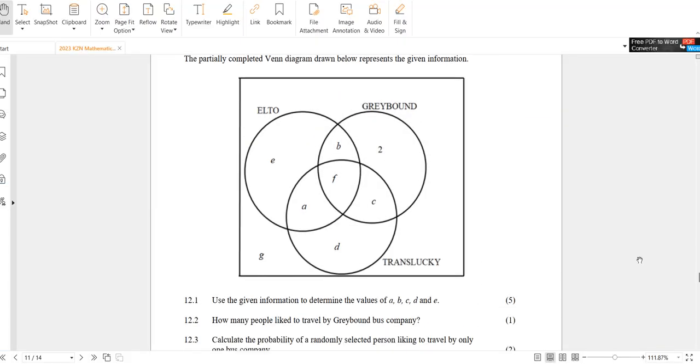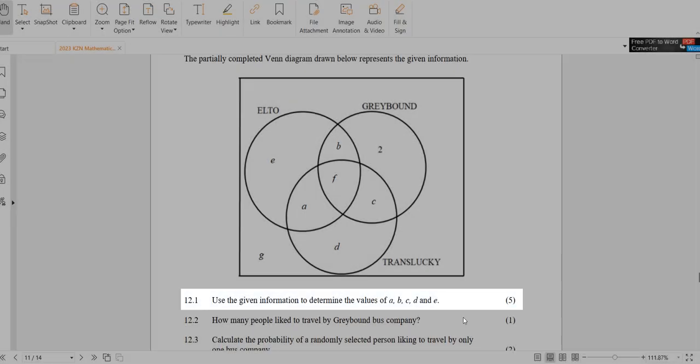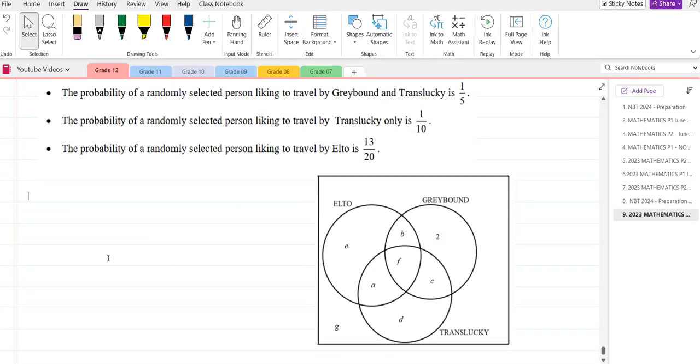Question 1 is to find the values of A, B, C, D, and E. Now, in order to find that, we need to read all the information. Now, let's read the information. Remember, question 1 is to find A, B, C, D, and E.